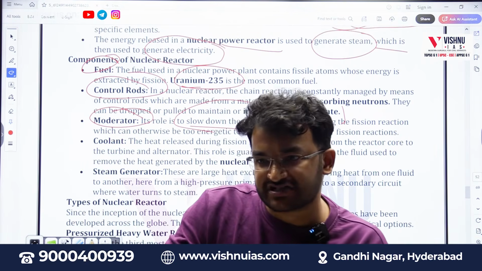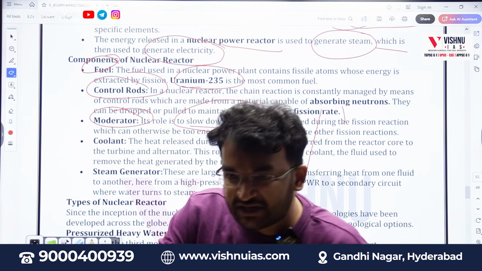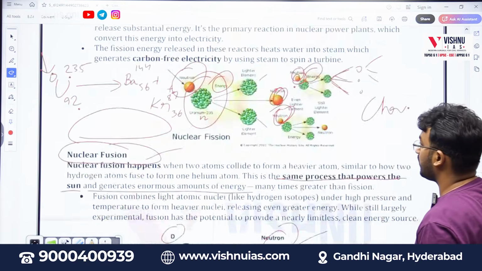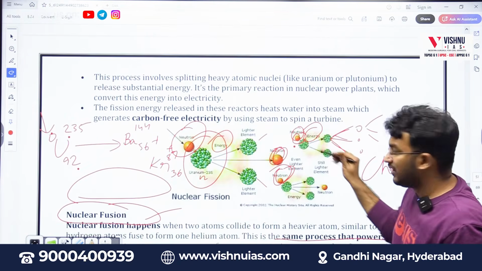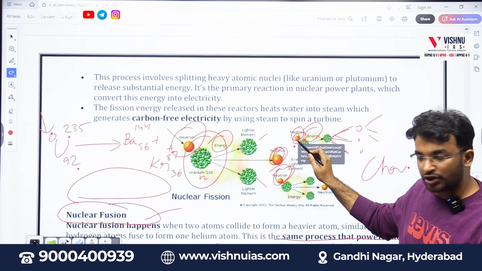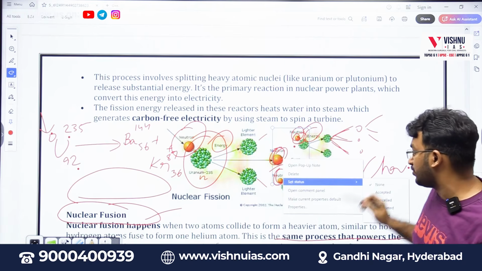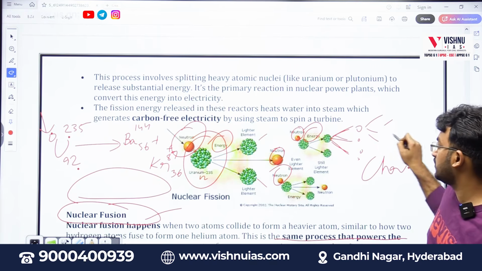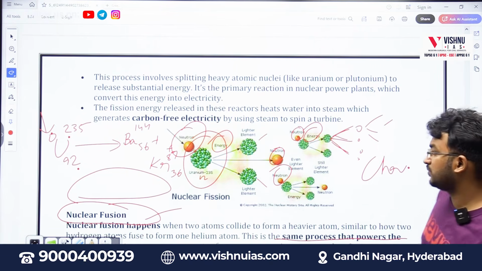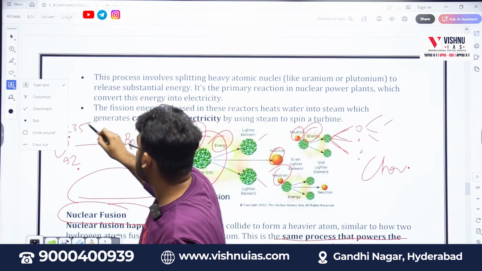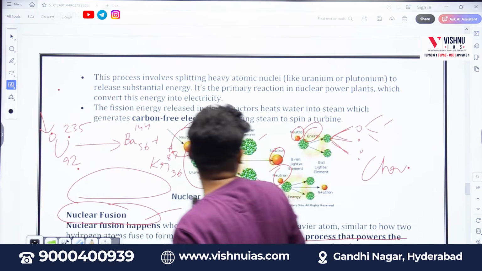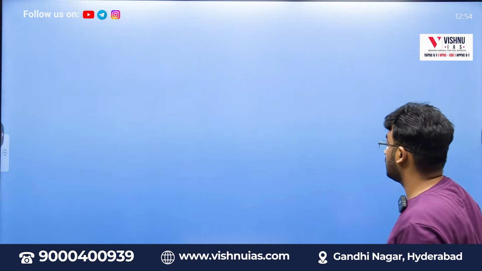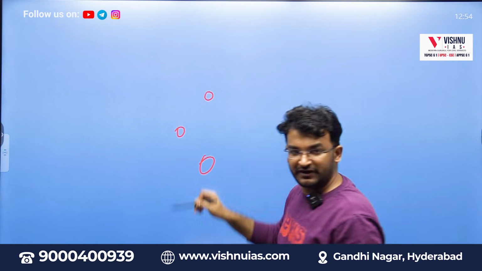That means the same work which the control rod can do, this moderator can also do. How will this moderator do it? Say for example, here it is the neutron, here it is another neutron, here is another neutron. Now see, here we are having 3 different neutrons.